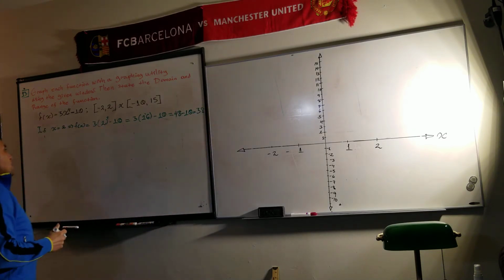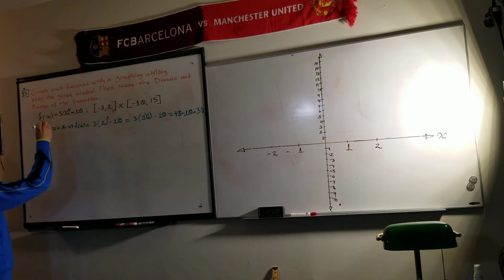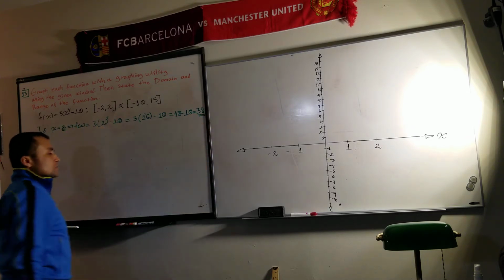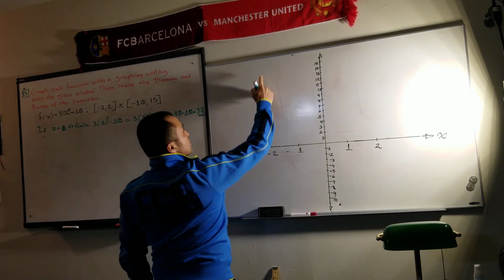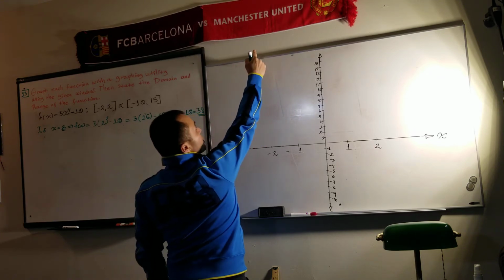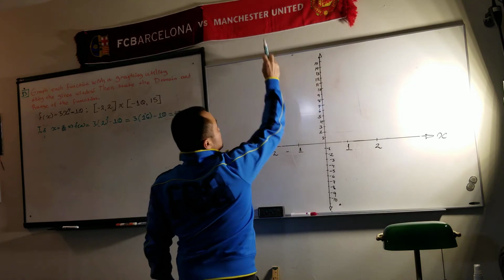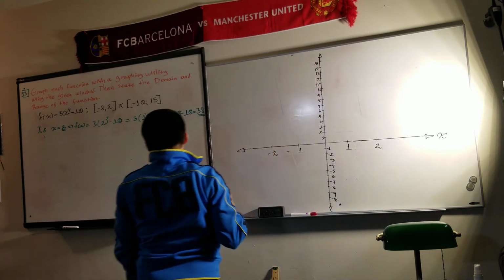So we have that one of the points on the graph will be (2, 38). So if x is 2, then the graph will come all the way up to 38, which is, we have up to 15, so 38 all the way up.